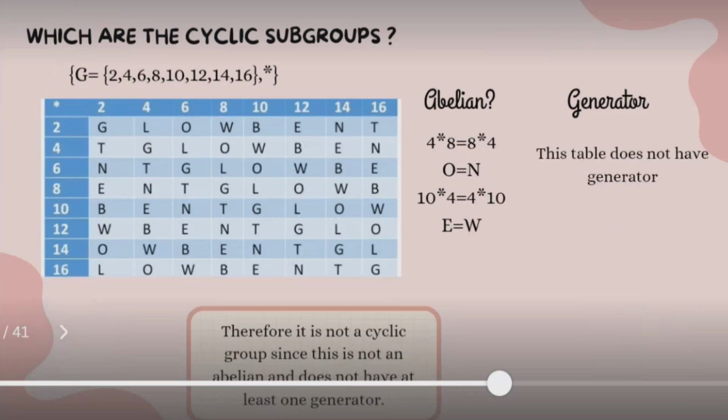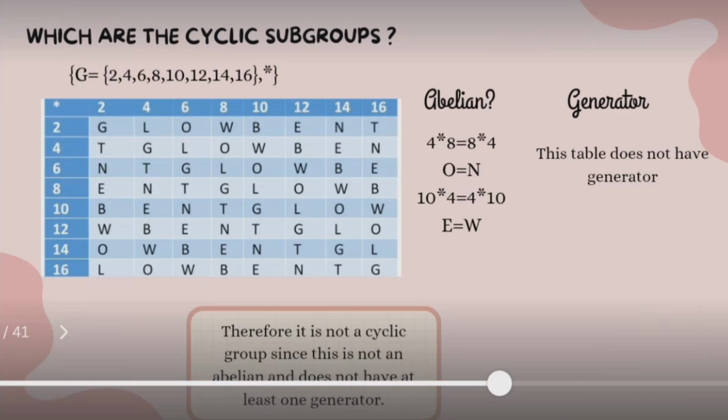Here, let's check if the set of G with elements 2, 4, 6, 8, 10, 12, 14, 16 is a cyclic subgroup. First, let's check if it is abelian. Is 4 star 8 equal to 8 star 4?